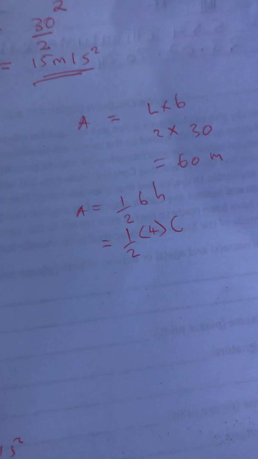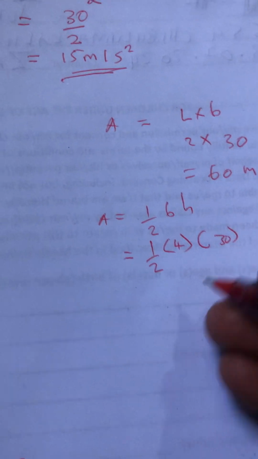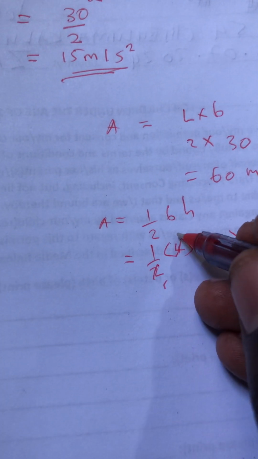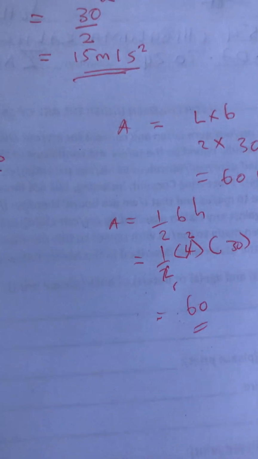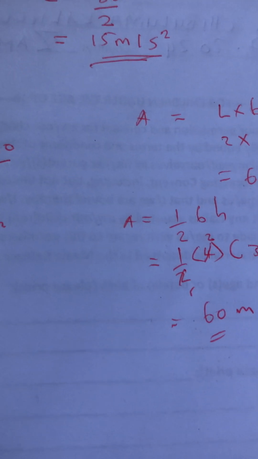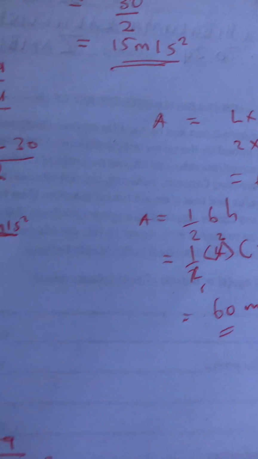And then the height is obviously 30, and then you can divide that. So we're having 2 there, and then this is 60. So you're going to add 60 meters. Are we correct? Yeah, we're right.